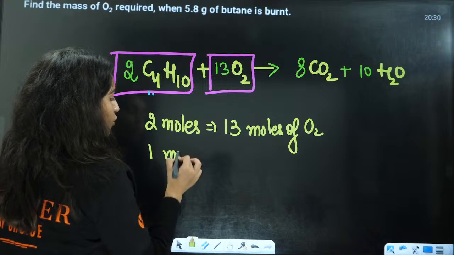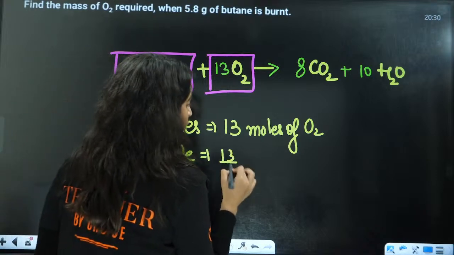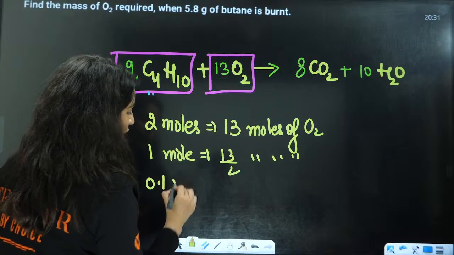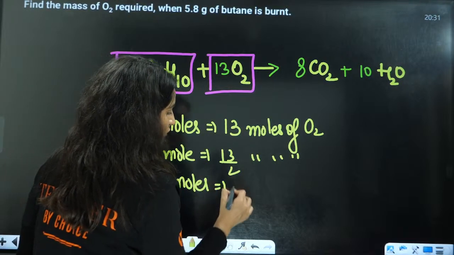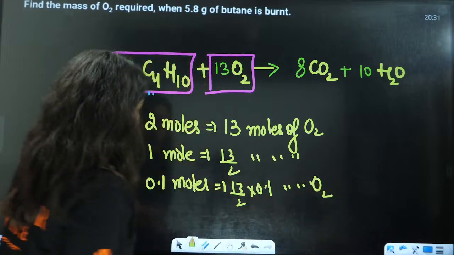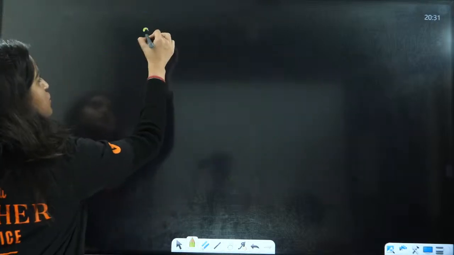That means for 1 mole, it will have 13 by 2 moles of oxygen. That means for 0.1 mole, that is going to have 13 by 2 into 0.1 mole of oxygen. Now you have the moles of oxygen.